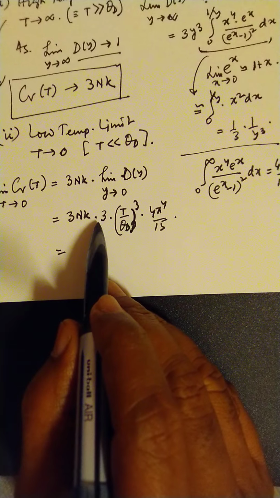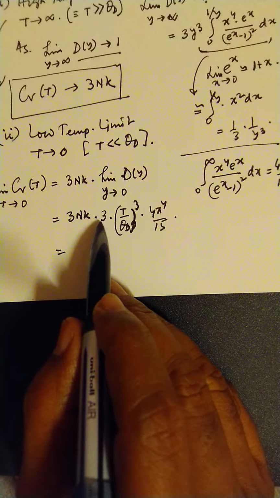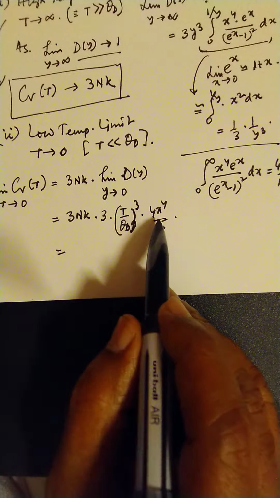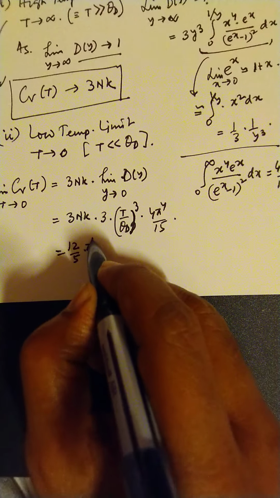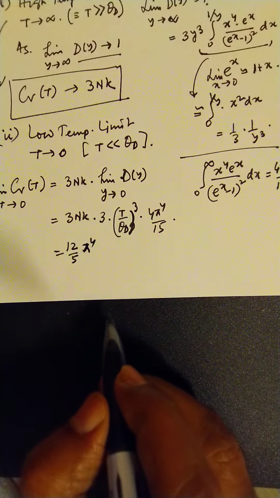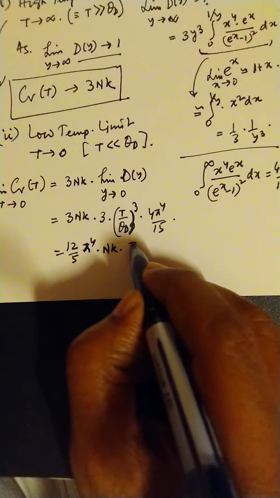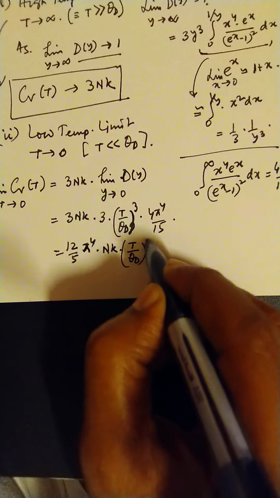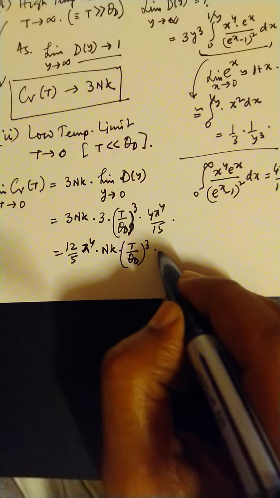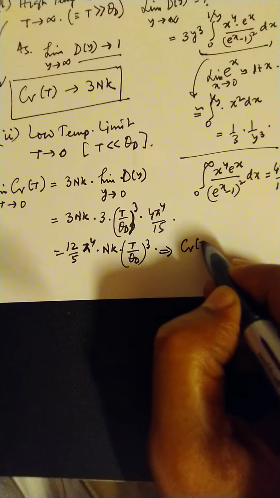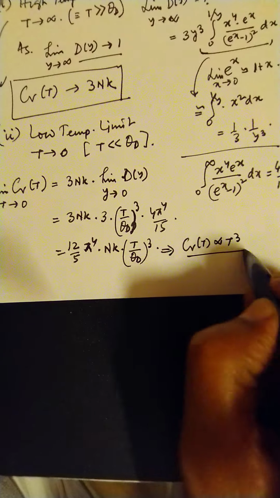It becomes 9, and then 3, it again gets 5, so 12 by 5, right? So 12 by 5, and then you have pi to the power 4, and then you have nk, and then you have (T by theta D) whole cubed. So this actually turns out to be Cv is proportional to T cubed.